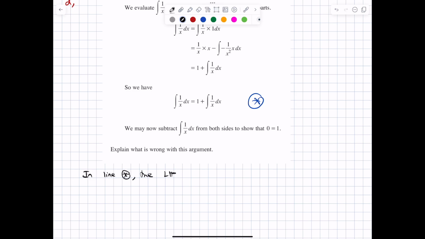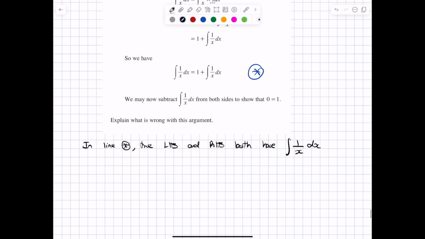the left hand side and right hand side both have this integral, the integral of 1 on x dx. However, they do not necessarily have the same constant of integration.